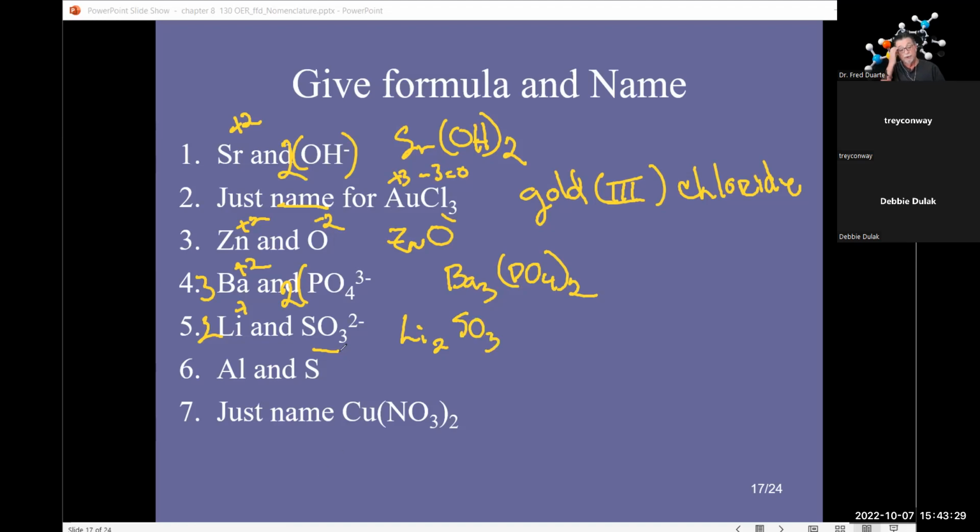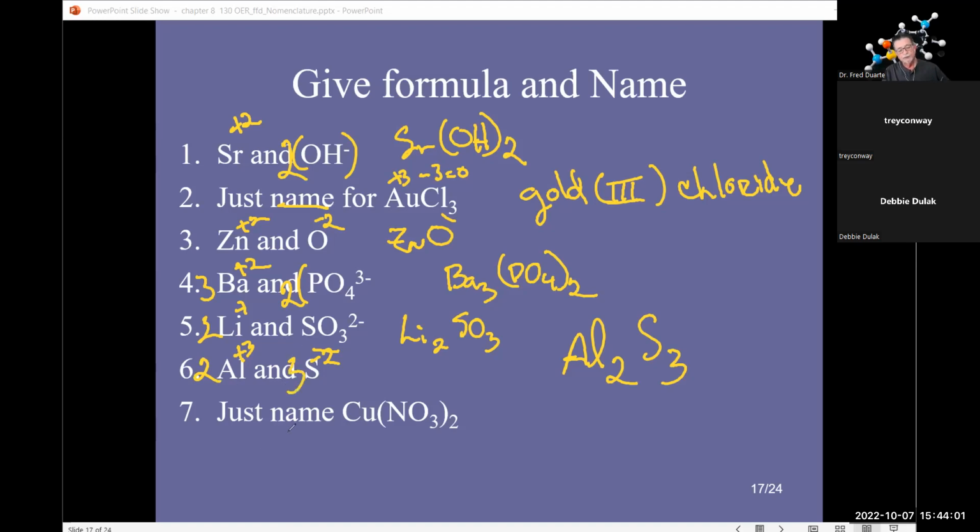Okay, aluminum has a -2, and excuse me, aluminum has a +3, and the sulfide has a -2. So we've got a +3 and a -2. So we can very quickly write the formula as Al2S3, because our common number again is 6. So I need 2 aluminums, 3 sulfides.